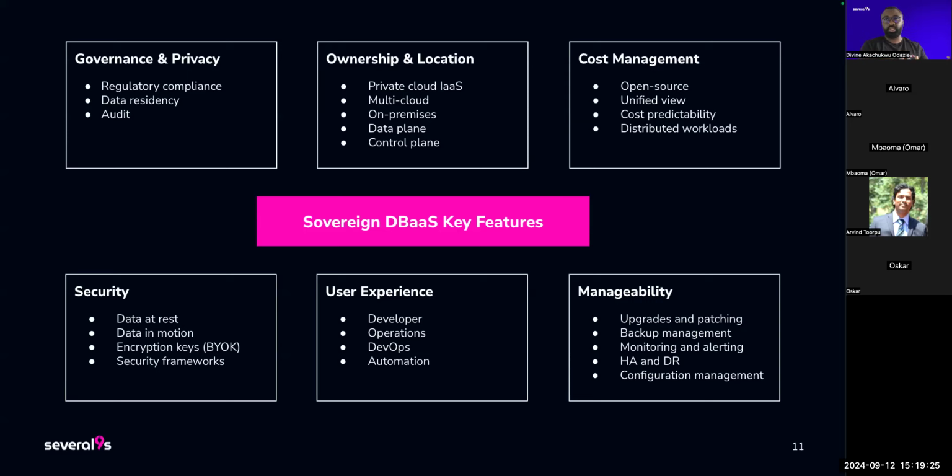So instead of the cost you would have been saving, you'll be spending it from a time perspective, which may require hiring more engineers, which defeats the purpose of having that Sovereign DBaaS. So there's a need for that single pane of glass, and cost predictability, because you're using open source software, you're not dealing with licenses and license changes, and being able to distribute your workload, considering the examples I gave regarding AI applications and so on.